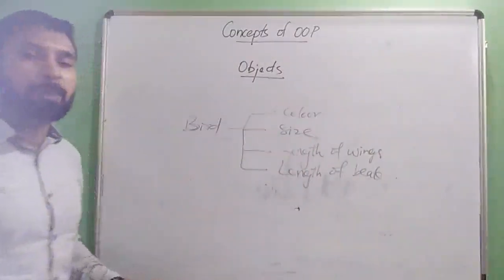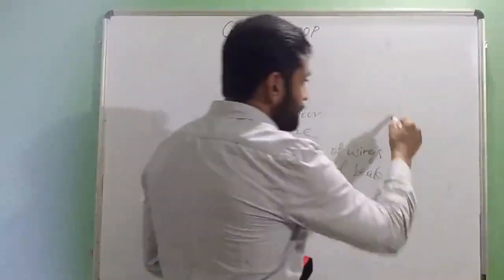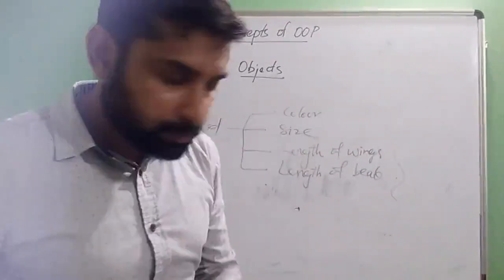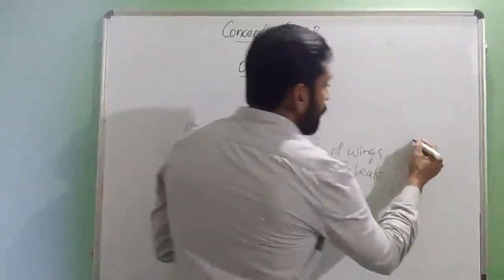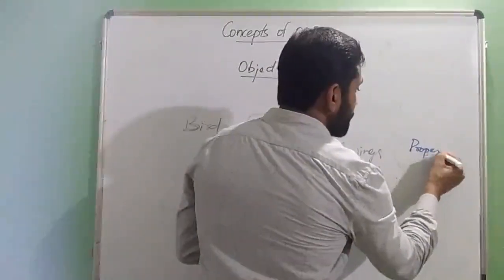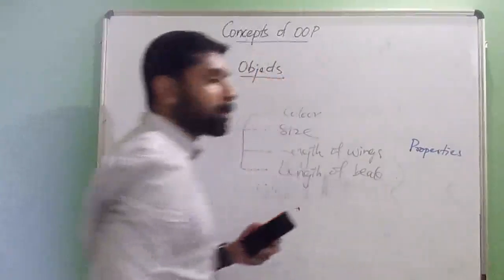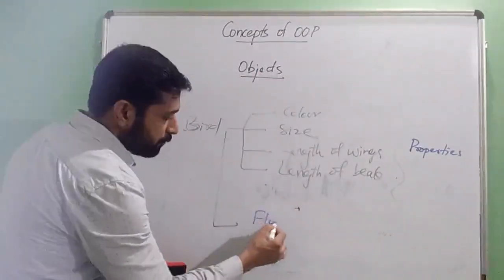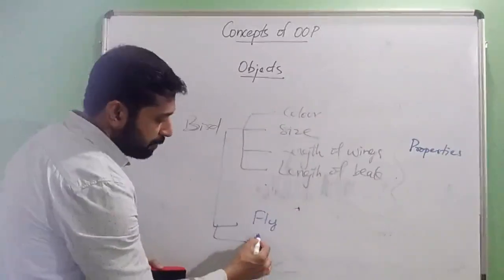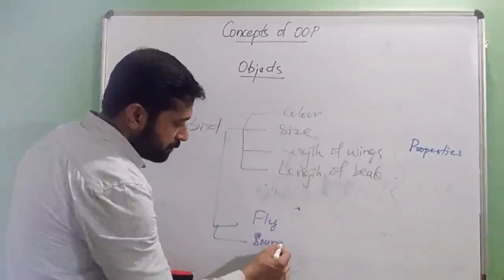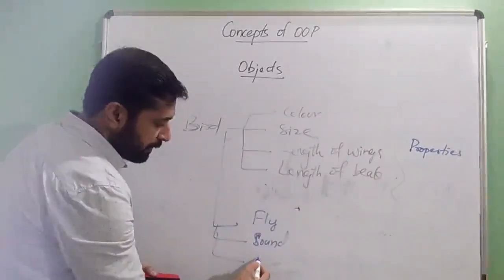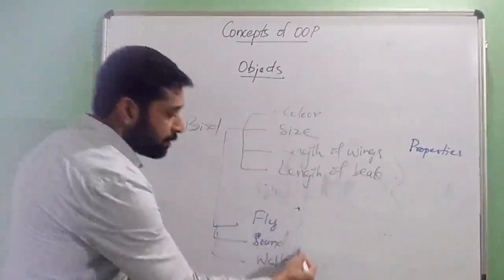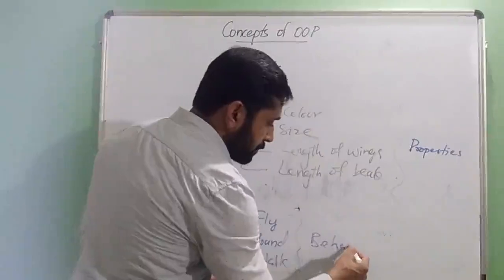All these are properties of birds. Now a bird can fly, a bird can make sound, a bird can walk. All these are behaviors.